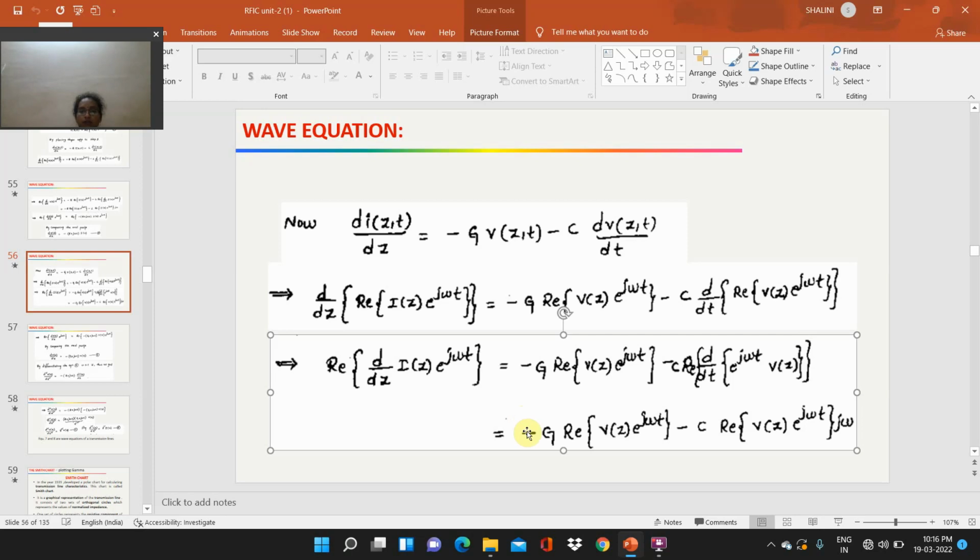Hence the equations will be written like this.